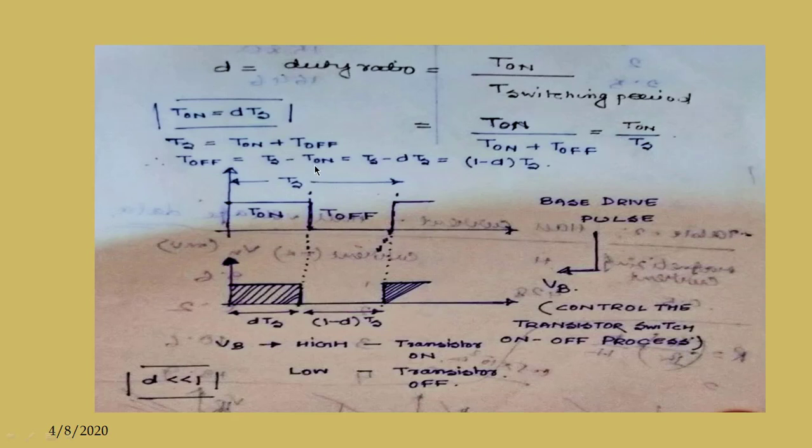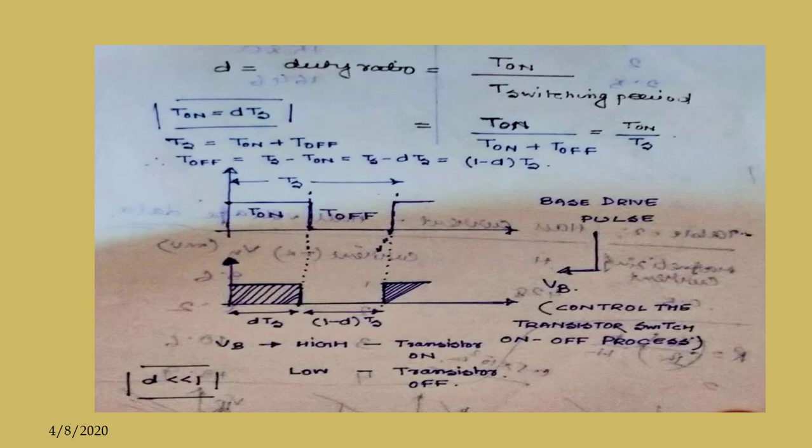Again TS equals T on plus T off, so T off equals 1 minus D into TS. Now these are the switching pulses: T on for some period, then this is the off period, and it is periodically repeated. This total time is the combination of T on and T off, which is the switching period, right?